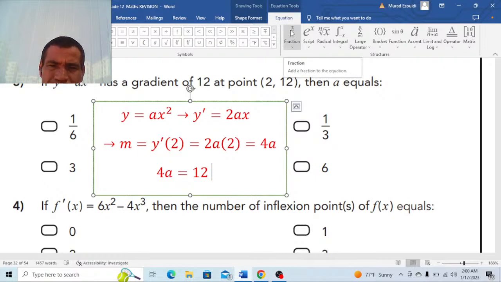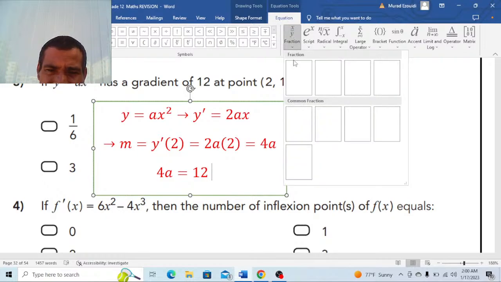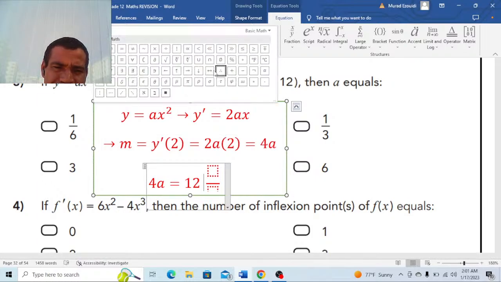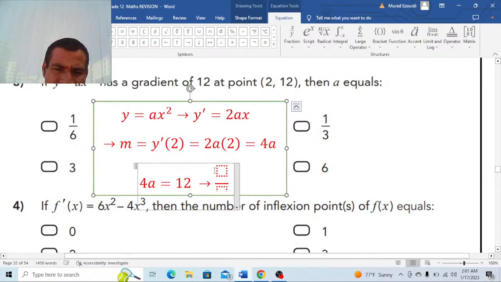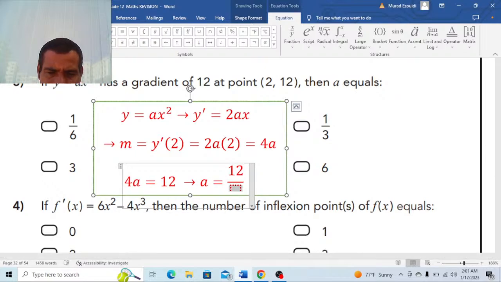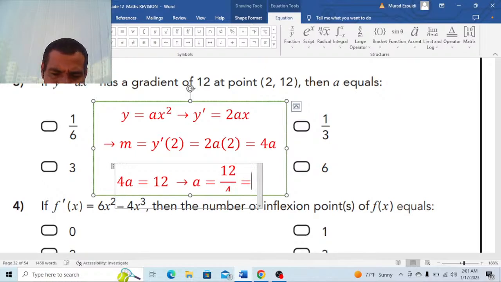This gives a equals 12 by 4, which is 3, because I divide both sides by 4.